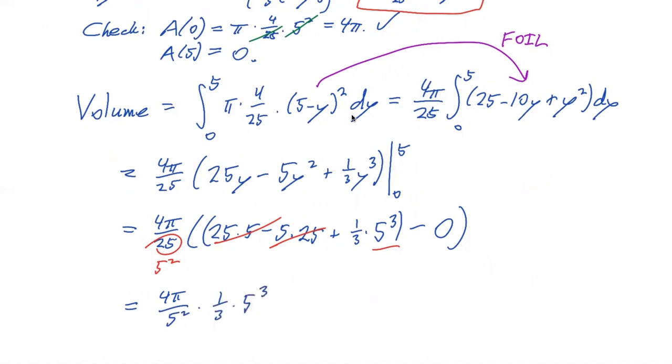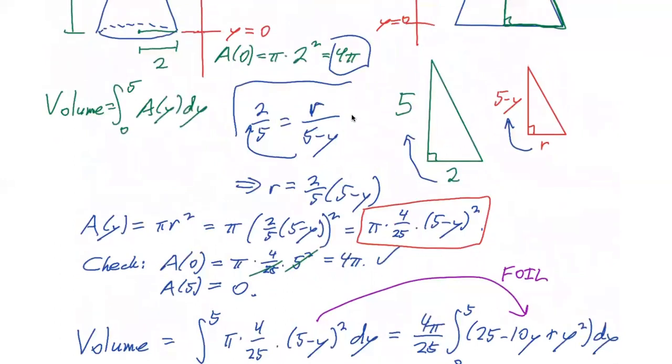So we get cancellation, and there's a 5 there. So I think we get a final answer of 20 pi over 3. And since the lengths were in centimeters, this is in cubic centimeters. And there's your answer. So that's a volume by slicing problem.